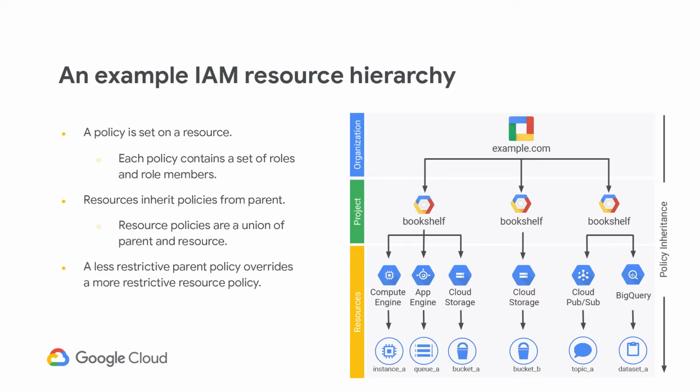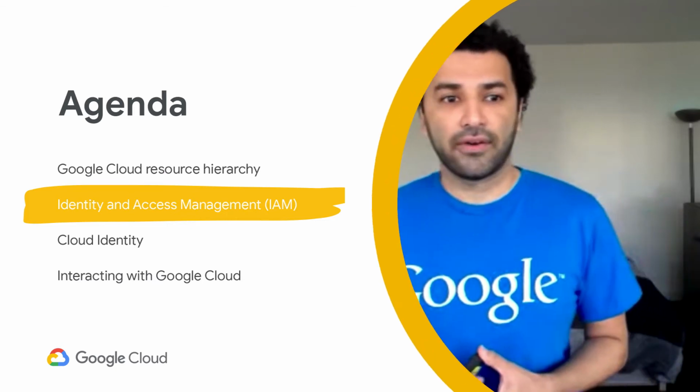But the policy at the organization level says that Bob can only view cloud storage buckets, not change them. Then the more generous policy takes effect. Keep this in mind whenever you are designing your policies. So as you can see, it always inherits from top to bottom. If you give Bob higher up there, you cannot take away privilege from the bottom of this chart. So that's about the hierarchy.